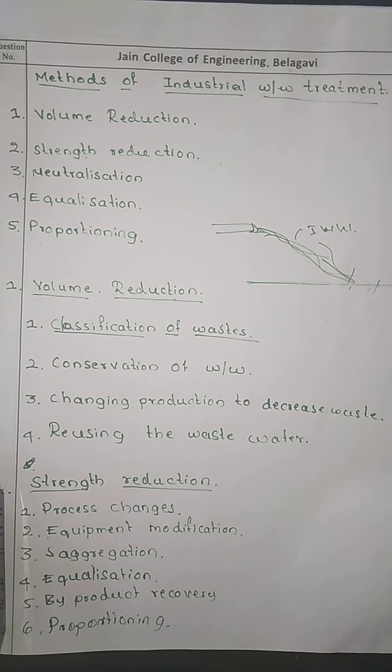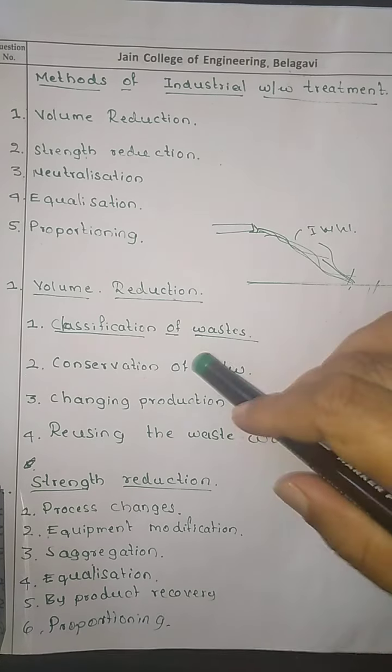Here we need to separate out the process water from the cooling water, and it includes the water used for foaming paper and the plating solutions. This is one of the main methods of classification of the waste.